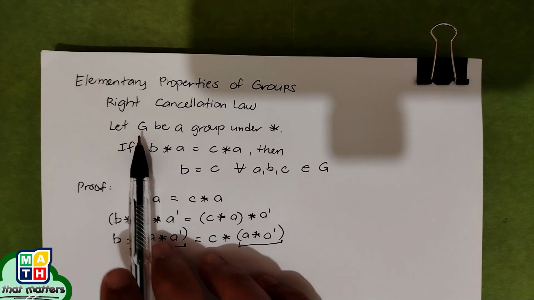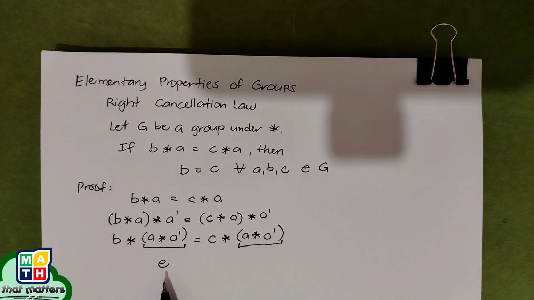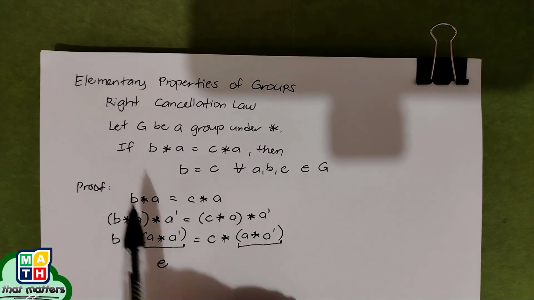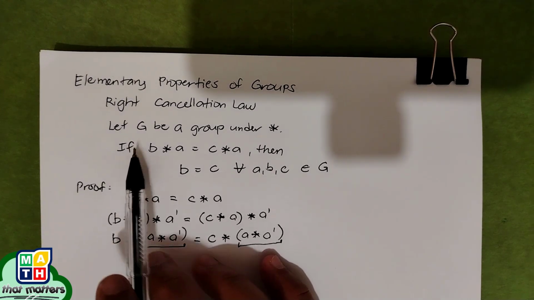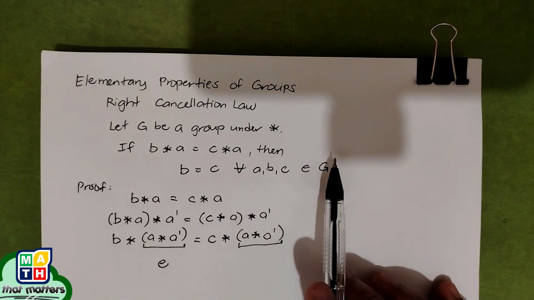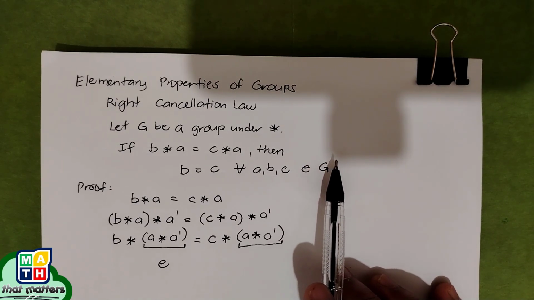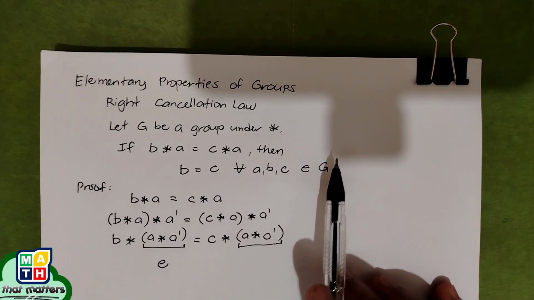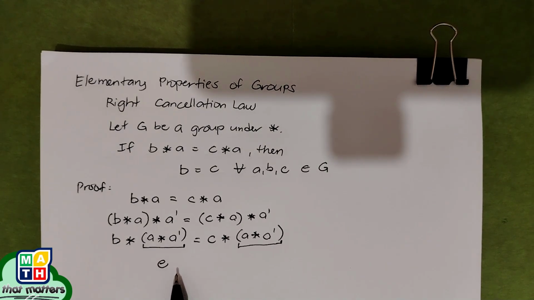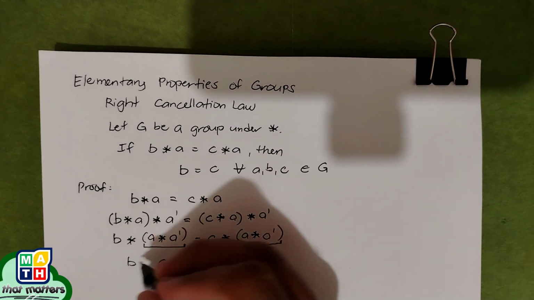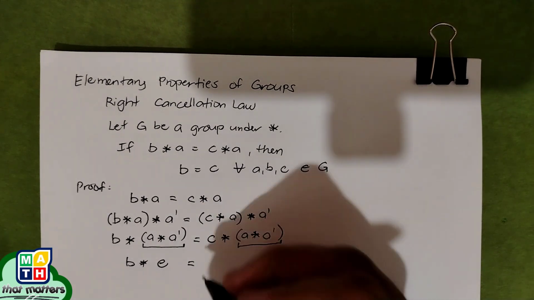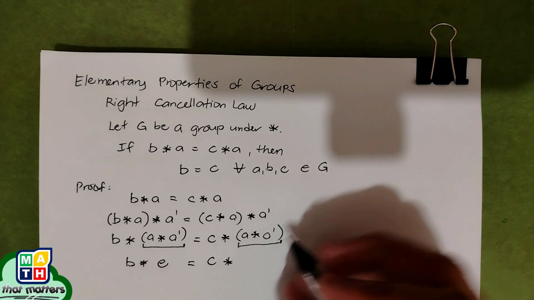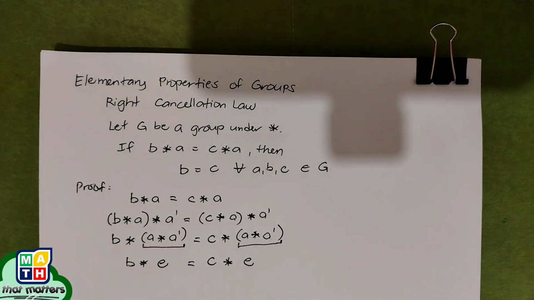So for group G here, E is the identity element of this group. And this is also possible because one of the conditions for G to be a group under operation star is that there exists an identity element. That would mean we have here B star E. Looking into the other side, you have C star E as well.